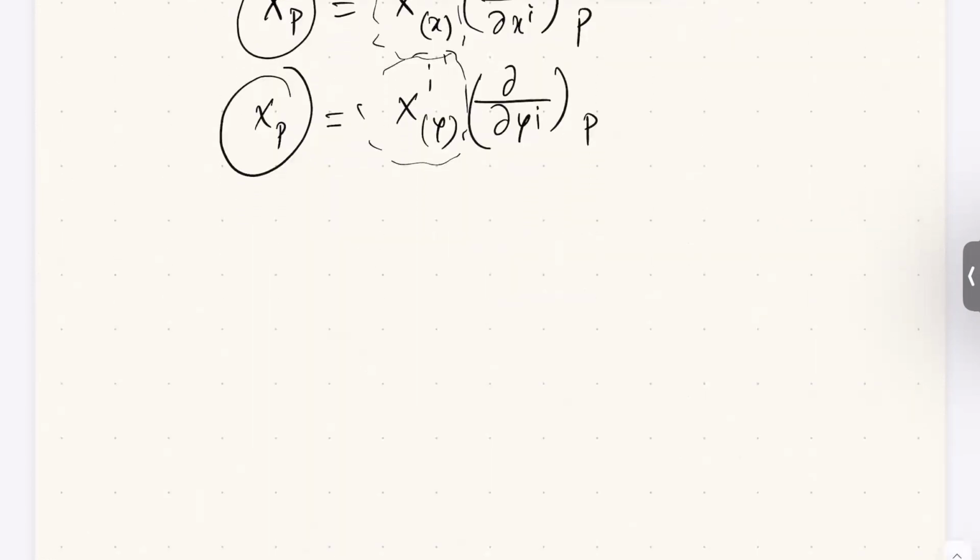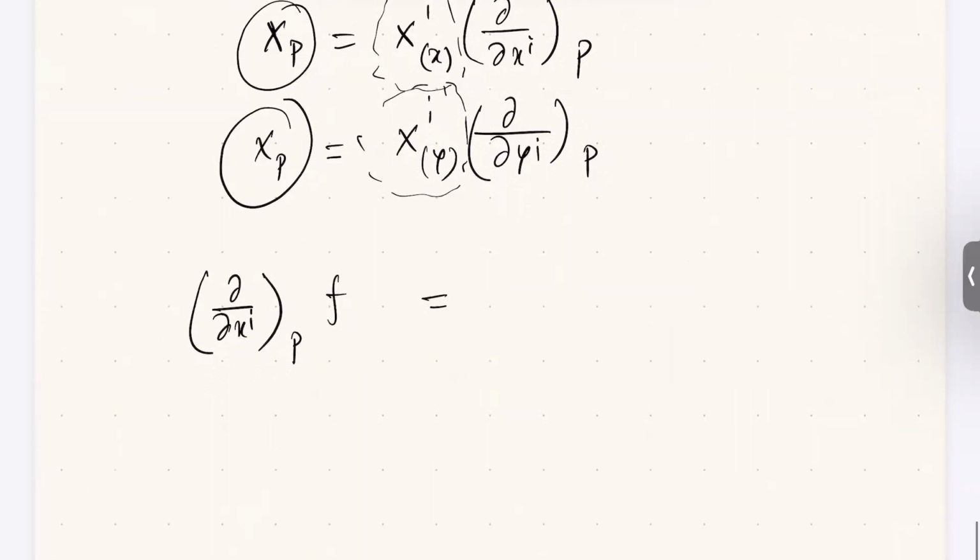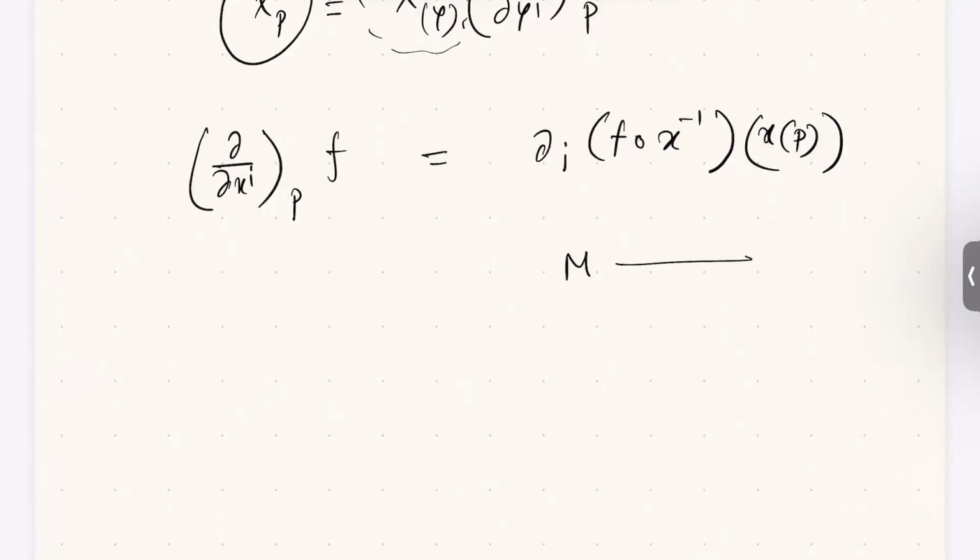Okay, so then let us consider del xi at the point P, and since this is an element of TPM, if I act this on a function from the manifold to the real numbers, then this will be like del i of f composed with x inverse, at x of P. Because I have M to R, but this M is an arbitrary C-infinity manifold.